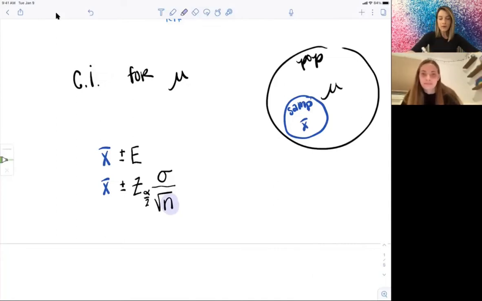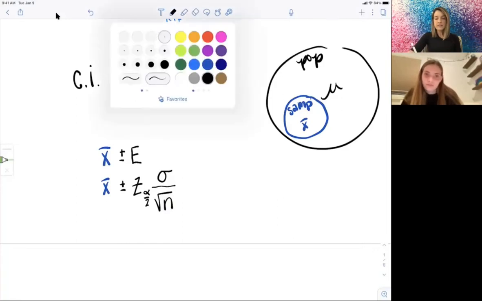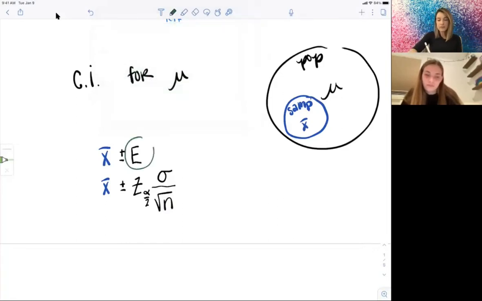And our goal is that we want this margin of error to be within a certain value. You don't want to just say that here's your point estimate plus or minus whatever. You don't want a big old interval that's useless, right? Like if I was going to tell you your grade last semester, suppose I was like, oh, Grace, your grade in the class was like a 70 plus or minus 30%.